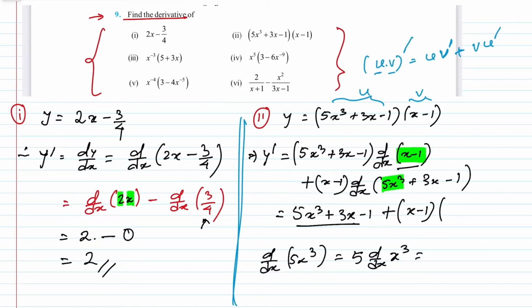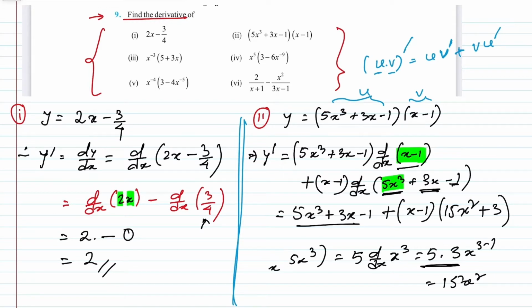If you apply the standard derivative d/dx of x to the power n, then you will get 3 into x to the power 3 minus 1, that is x square. So 5 times 3 is 15, you will get 15x square. Derivative of 5x cube is 15x square. Similarly, derivative of 3x: derivative of x is 1, so we will get 3 into 1, that is 3, and derivative of 1 is 0, derivative of constant is 0, so we can keep it like this. Hope you have understood this.